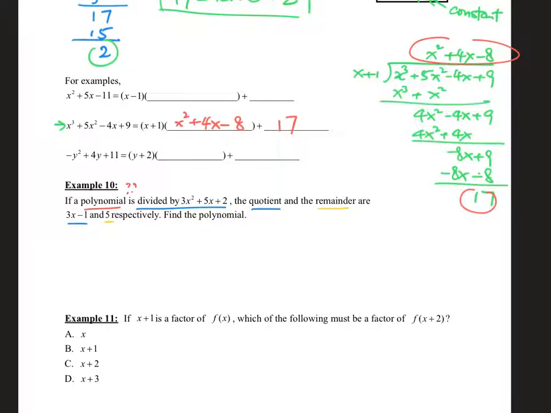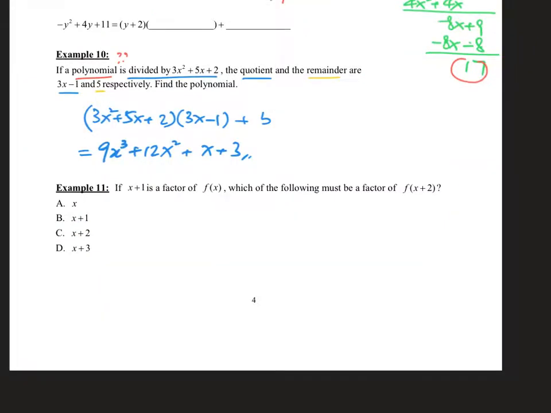So the polynomial should be the divisor 3x squared plus 5x plus 2 multiplied by the quotient 3x minus 1, plus the remainder 5. Please don't just pause here, because you have to expand it in order to get the answer. Take a minute to do it. And now I simply write the answer, which is 9x cubed plus 12x squared plus x plus 3.